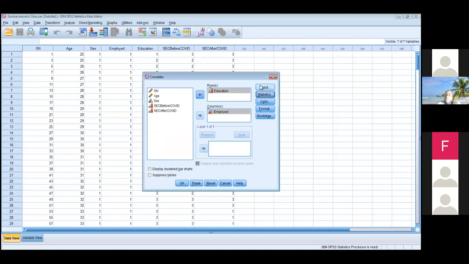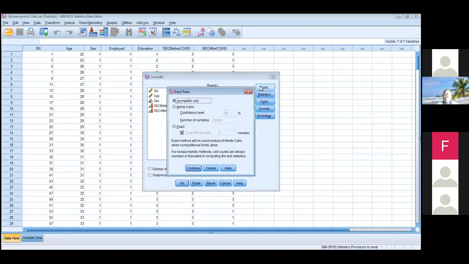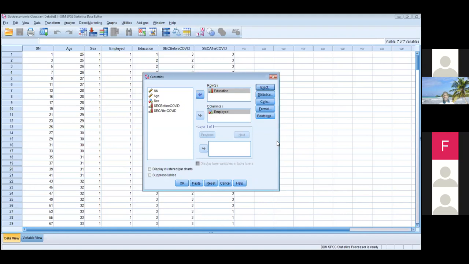I noticed that she clicked on Statistics. Yes, you need to click on Statistics and click on chi-square, that's all. What I'm saying is that chi-square automatically generates a chi-square for trend for you.